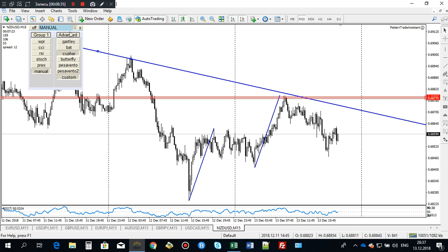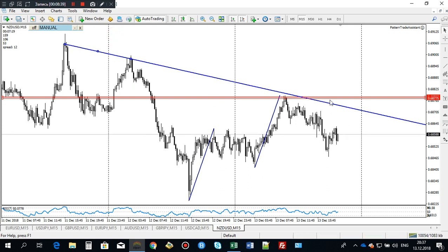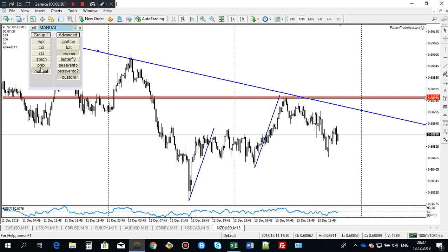I'm drawing them using my manual method because I draw everything on my chart, and when I have lots of patterns drawn using automated tool, it is kind of messy. But when I have manual drawing tool enabled, it gives me more empty space.